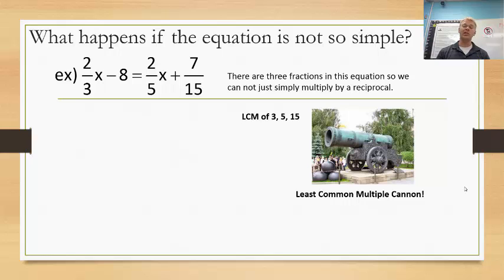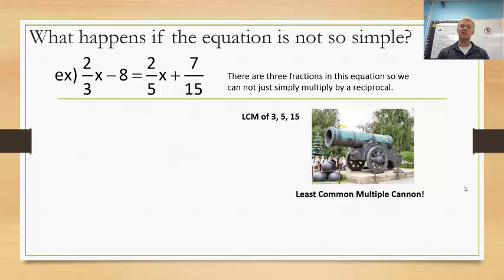So the first thing we have to be able to do is look at the denominators of all the fractions and find the least common multiple of those denominators. So in our example, the denominators are 3, 5, and 15. And when I say the least common multiple, that means the smallest number that all three will go into evenly.